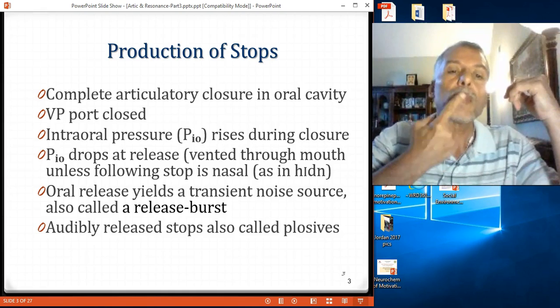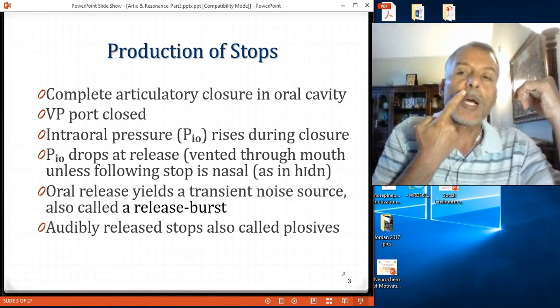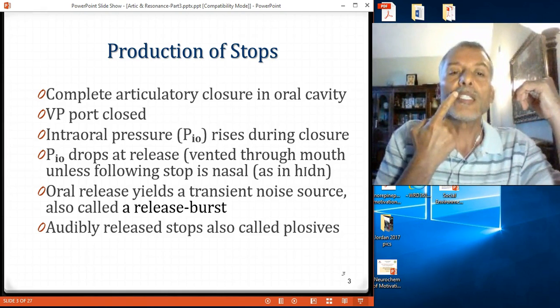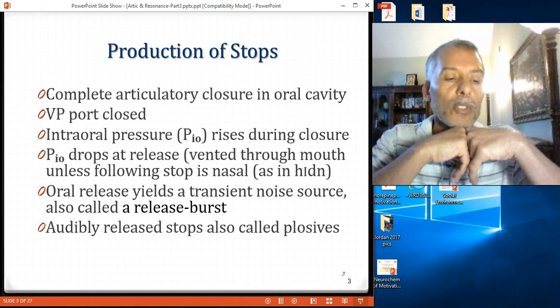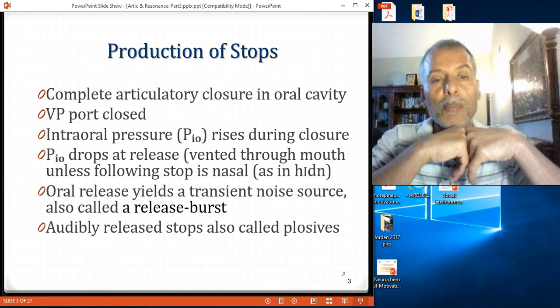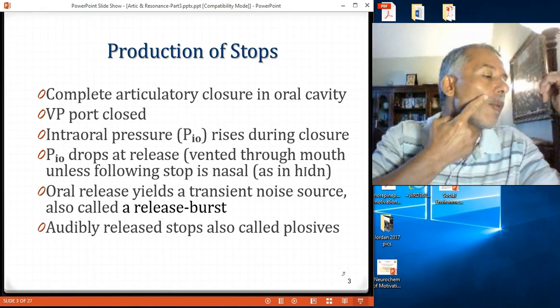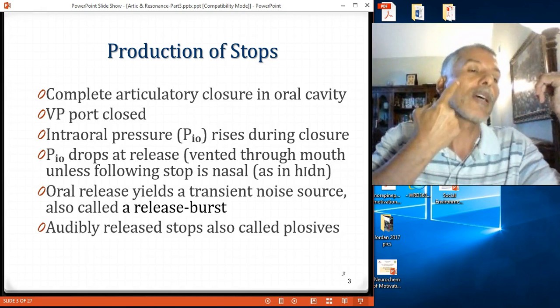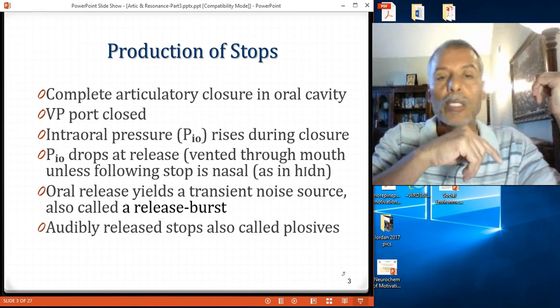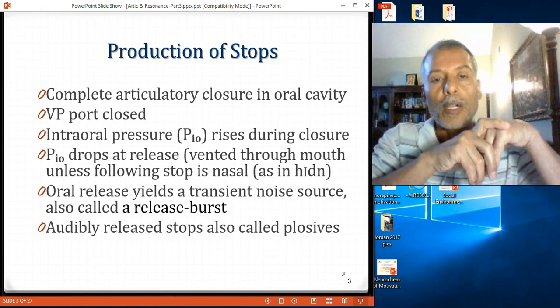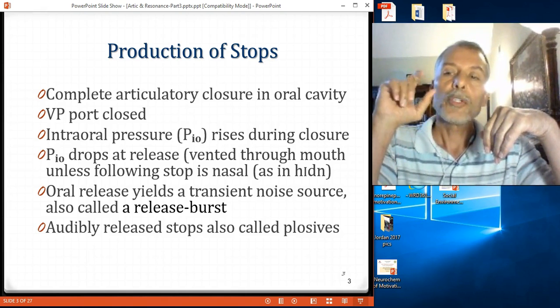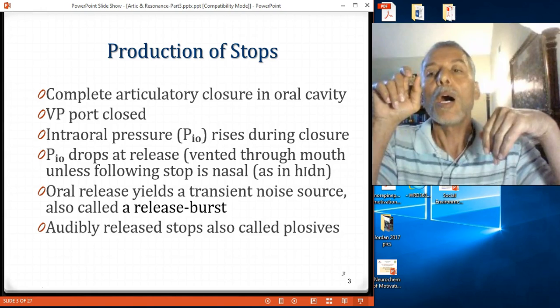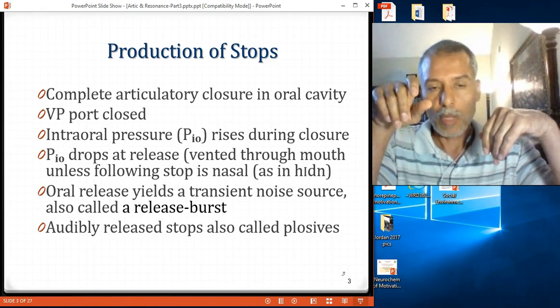And then you go back a little bit to the alveolar ridge, t and d. These are the next 2 stops, and you call them alveolar stops. And keep going back. The next possible pair is the k and g, both of them velar. And then you go down to the glottis itself, where you produce the glottal stop.